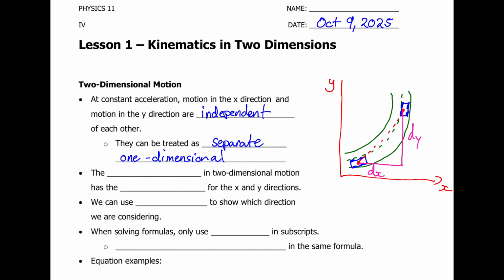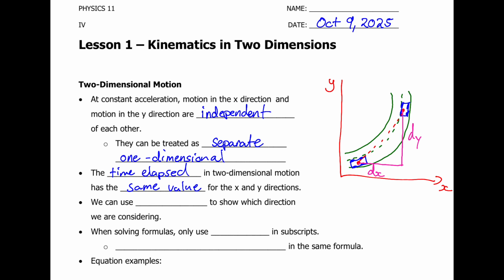Now our link between the two is our scalar that we use to measure everything else. What is the scalar that gets involved in most of the questions that we did? It's time. So time elapsed has the same value for both. So let me write this in. Time elapsed has the same value. So we can see how far it goes in the X direction.